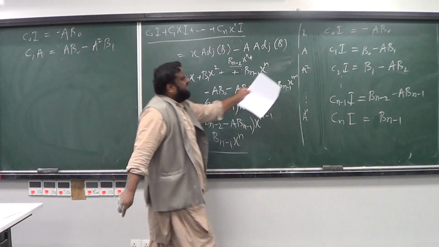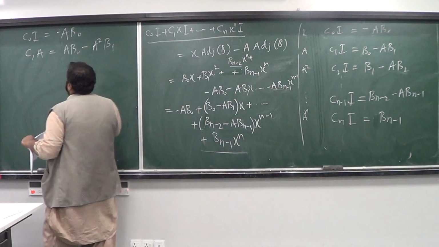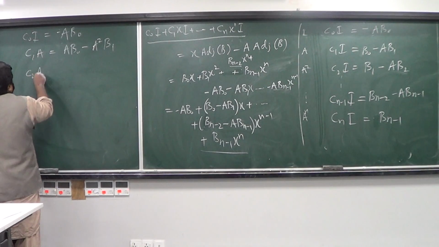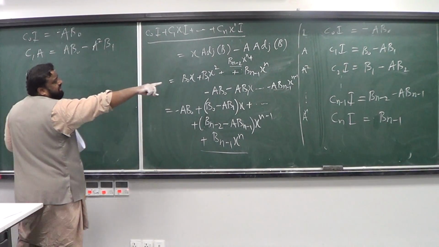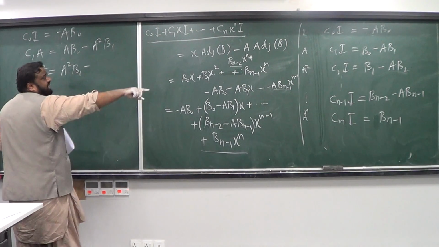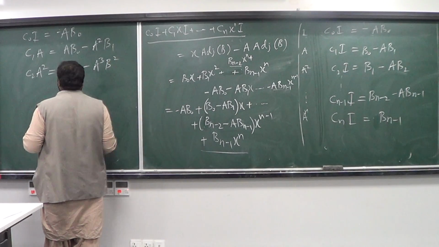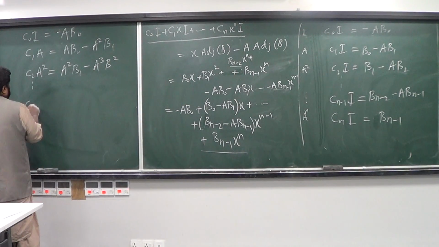So if I multiply this with A squared, it's going to be C2 A squared equal to A squared B1 minus A cube B2, so on and so forth.